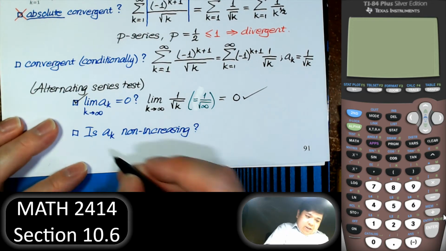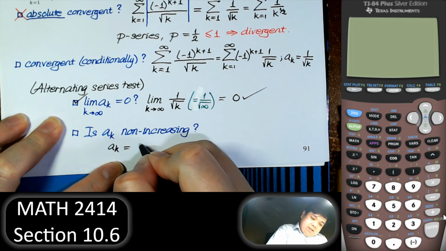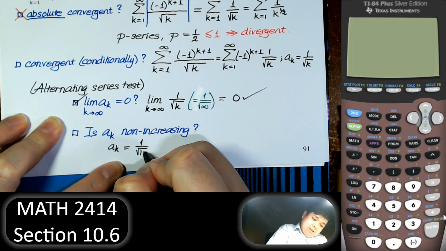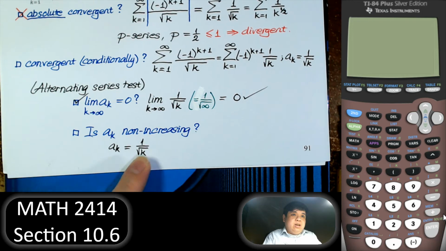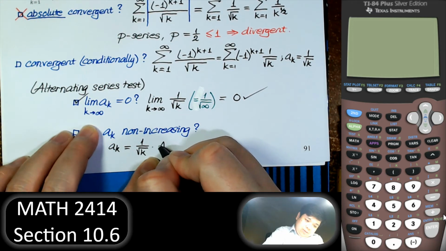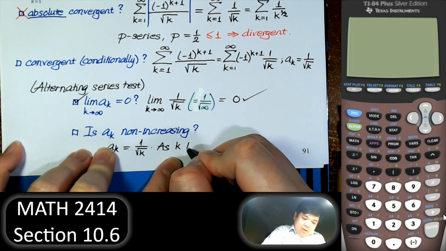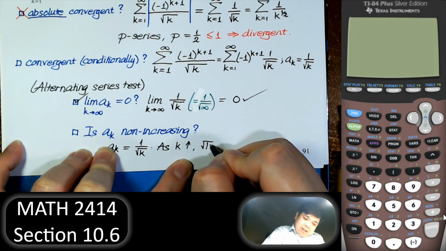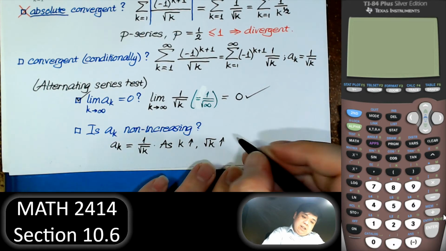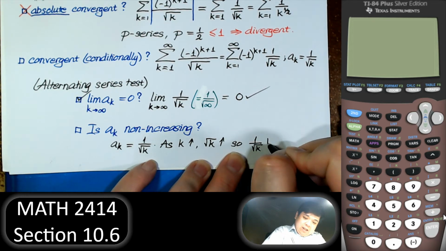It's simple enough. In this problem, we don't have to do the derivative. Now, as k increases, square root of k increases, so 1 over square root of k decreases.